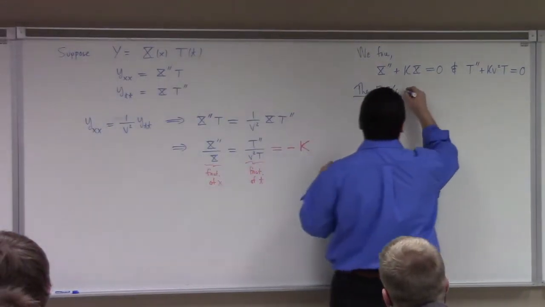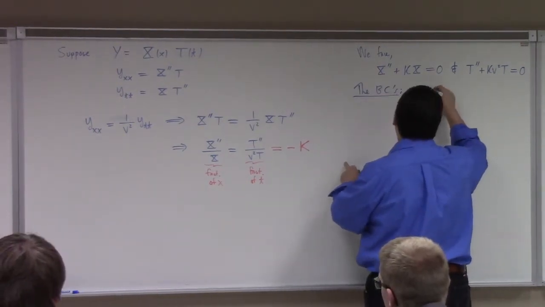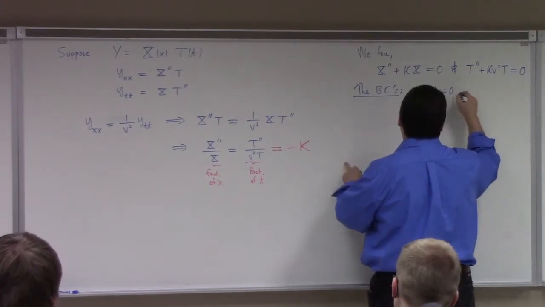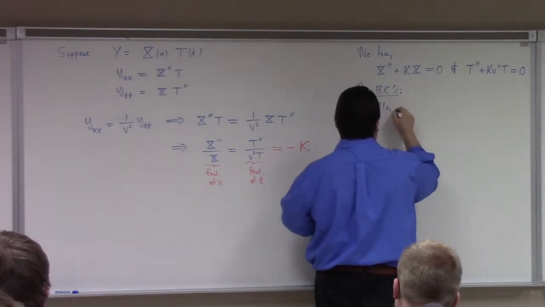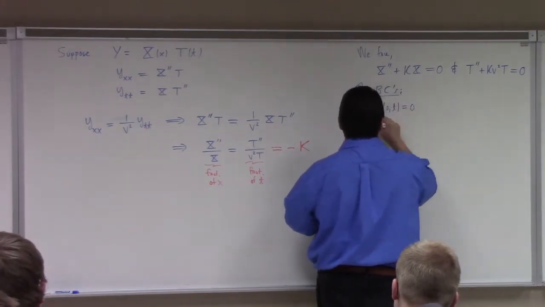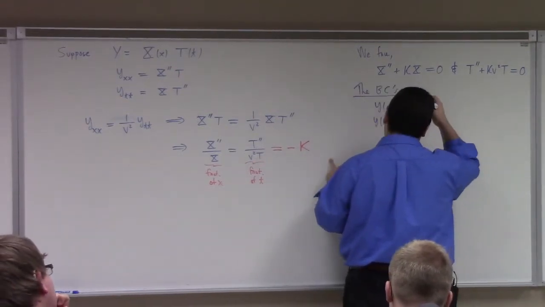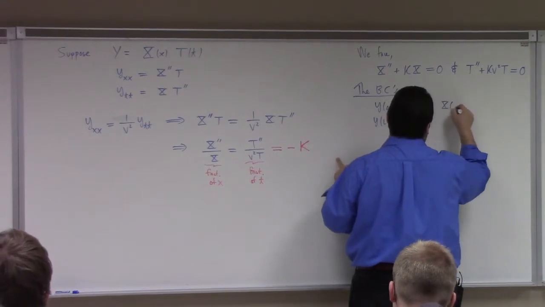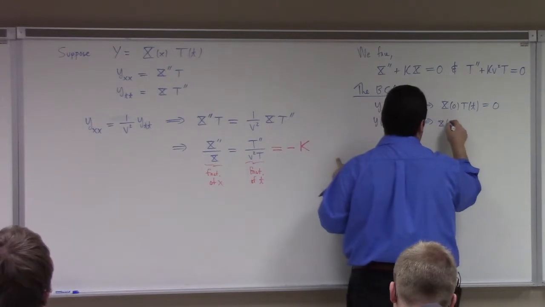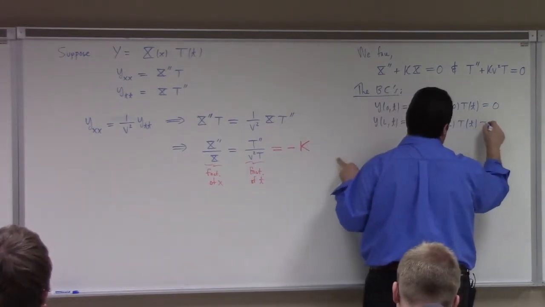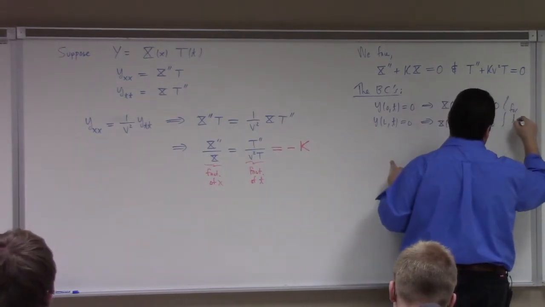So the boundary conditions y of 0, t equal to 0 and y of L, t equals 0. This implies that x of 0 times t of t equals 0. This implies that x of L times t of t is equal to 0, for t greater than 0.